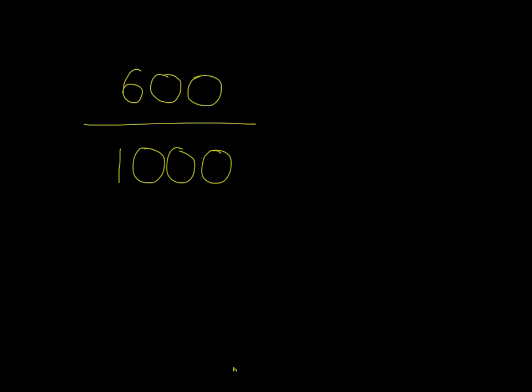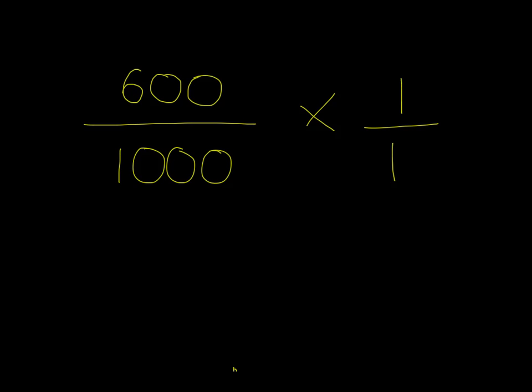Okay, let's work this one through. We need 600 milligrams. We have 1000 milligrams, and that's in a quantity of 1 over 1. We need to cancel down this side first.